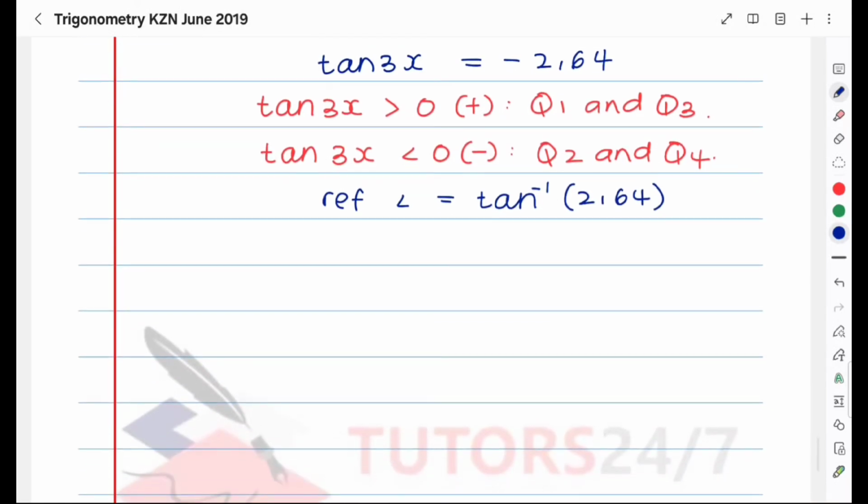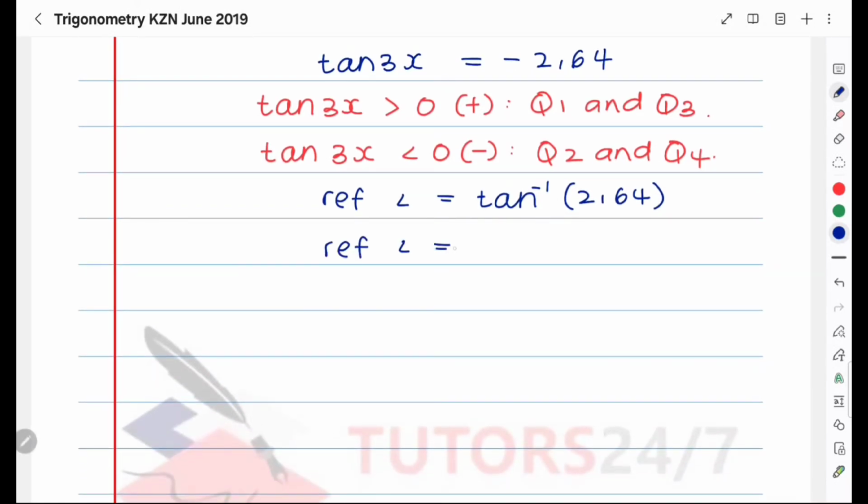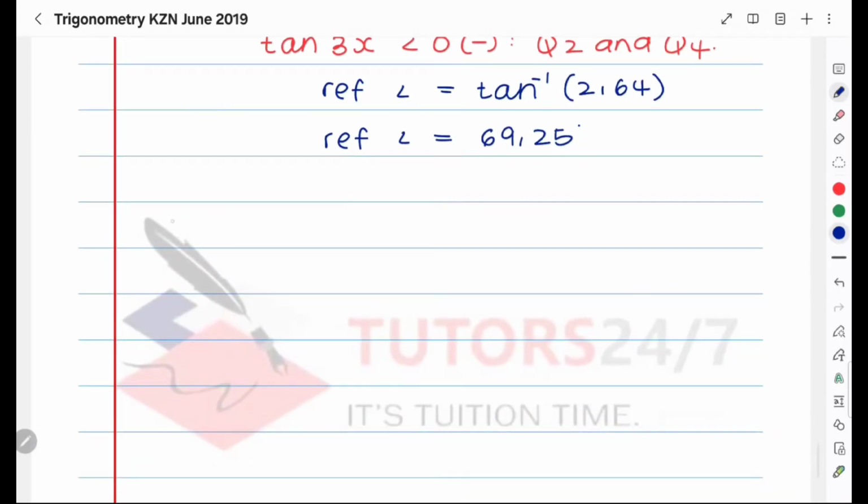Now, we can put this into our calculator. So our reference angle is then going to be equal to 69.25. Now, our solutions, as previously discussed, are going to be in quadrant 2 and 4. So let's start with that.